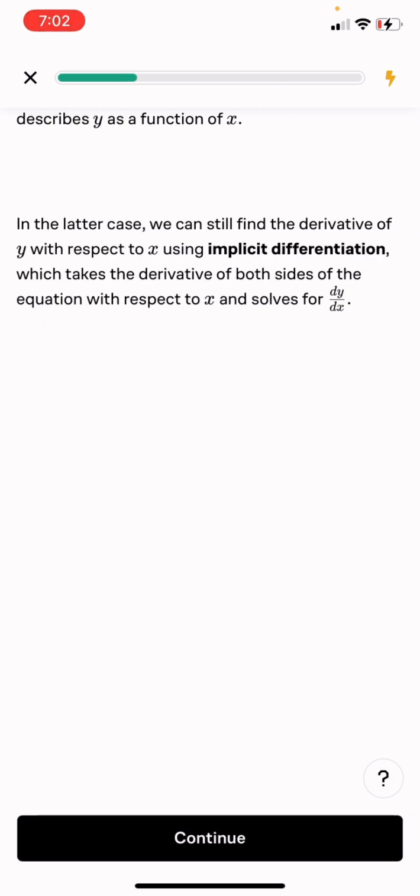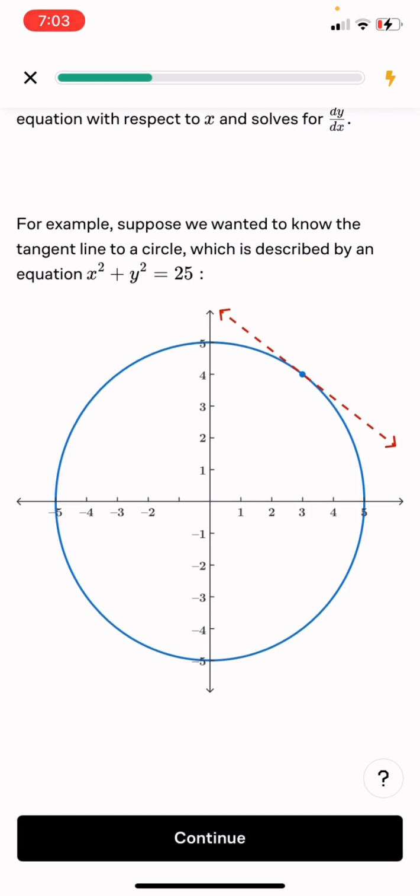In the latter case, we can still find the derivative of y with respect to x using implicit differentiation, which takes the derivative of both sides of the equation with respect to x and solves for dy/dx. For example, suppose we wanted to know the tangent line to a circle, which is described by the equation x squared plus y squared equals 25.